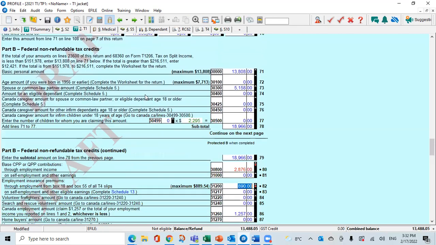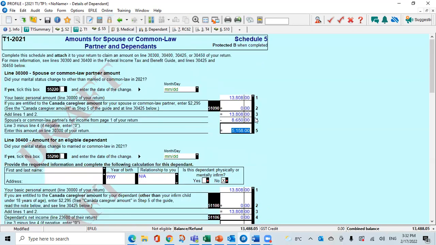Now we move on to the credit. So the question is asking, how are you going to calculate the non-refundable tax credit against the federal tax payable? We have our very basic total amount, that is 13808, right? And then the spouse amount. Now if you go to Schedule 5, you will see how this amount is calculated. We know that the basic personal amount is 13808.